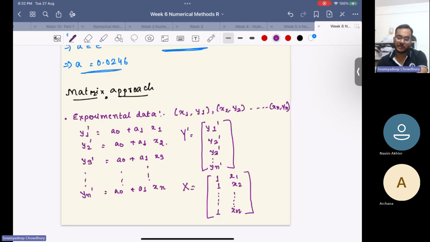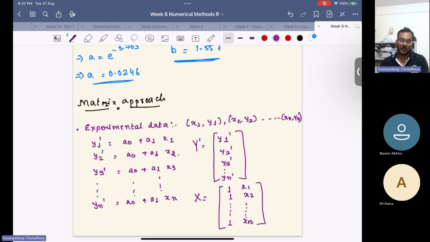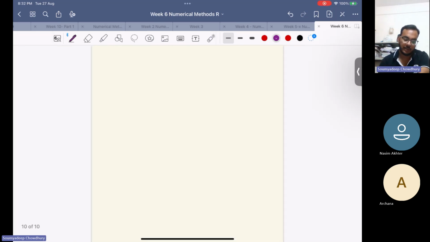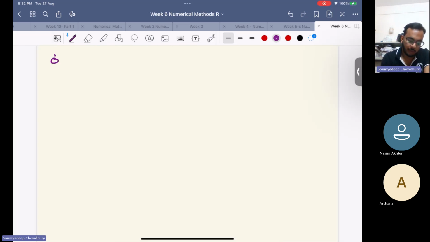So this set of equations, y1 dash equal to a naught plus a1 x1, we can represent like this. You have another coefficient matrix which is a naught and a1, right?